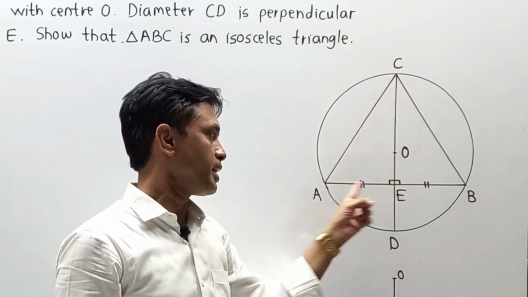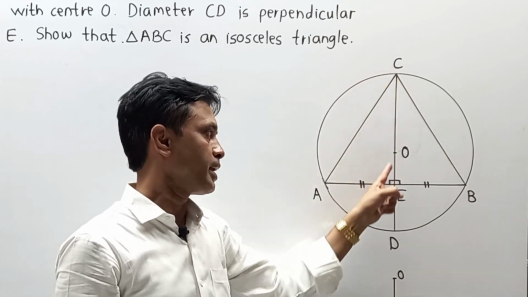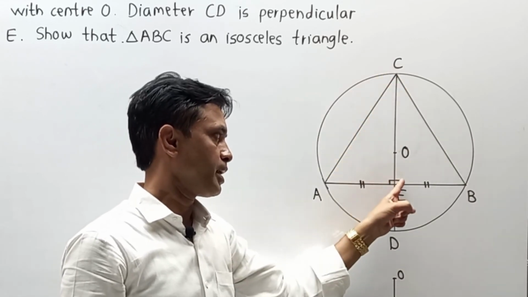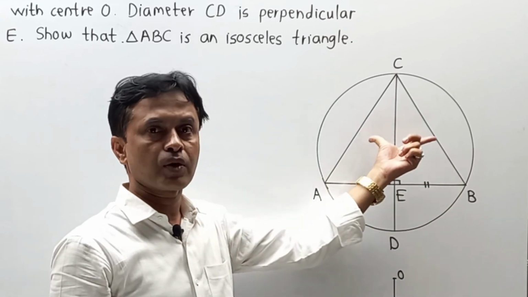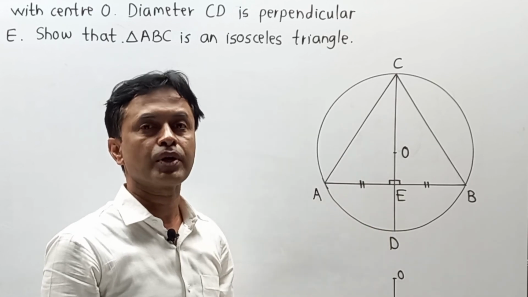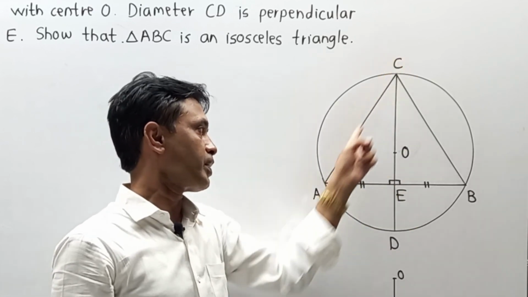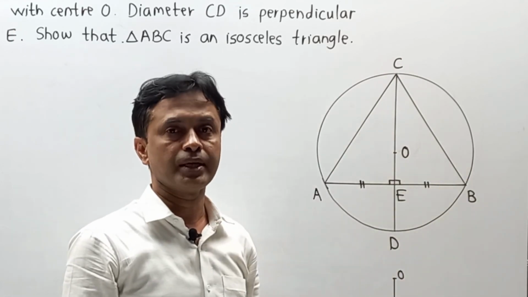Naturally, triangle CEA is congruent to triangle CEB by the side-angle-side test of congruency. When two triangles are congruent, their respective sides and respective angles must be congruent. Therefore, CA is congruent to CB, and in this way we can complete the part.